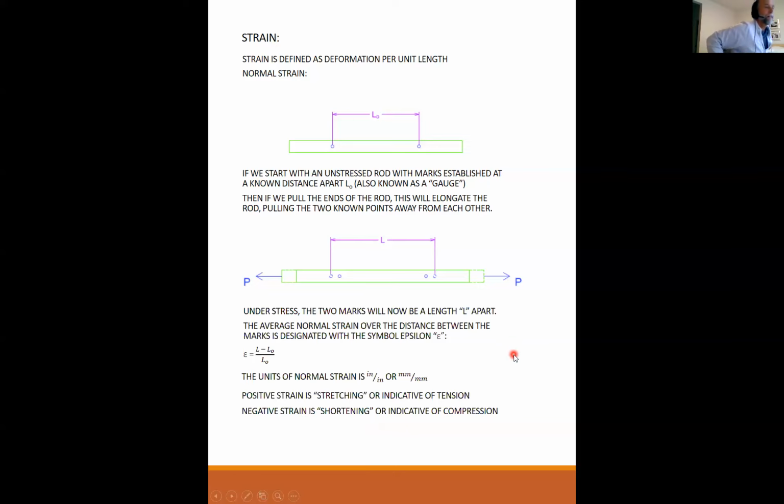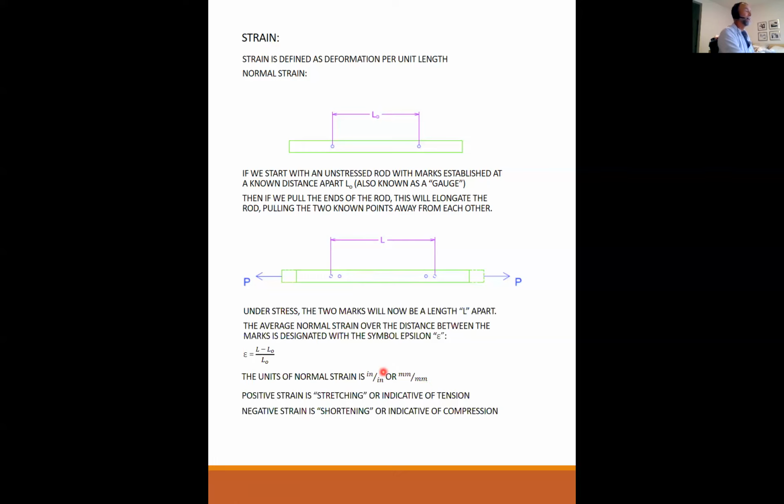You can also think of average normal strain as how many inches these 2 ticks stretched apart per inch that they were originally there. So you're looking at stretching in inches per inch of the original material. That's why you have inch per inch or millimeter per millimeter.